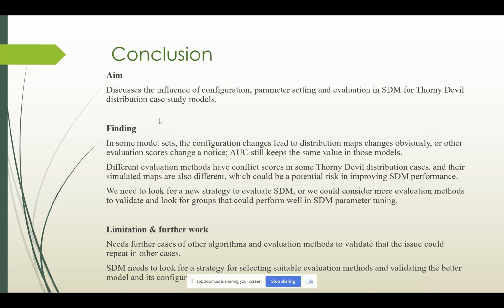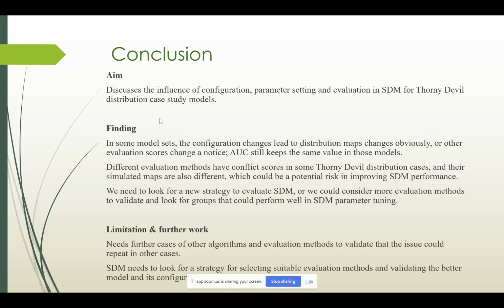We need to look for a new strategy to evaluate SDM, or we could consider more evaluation methods to validate and look for groups that could perform well in SDM parameter tuning. For the future, as a limitation of this study, we need further cases from other algorithms and evaluation methods to validate whether the issue we discussed could repeat in other cases or scenarios.